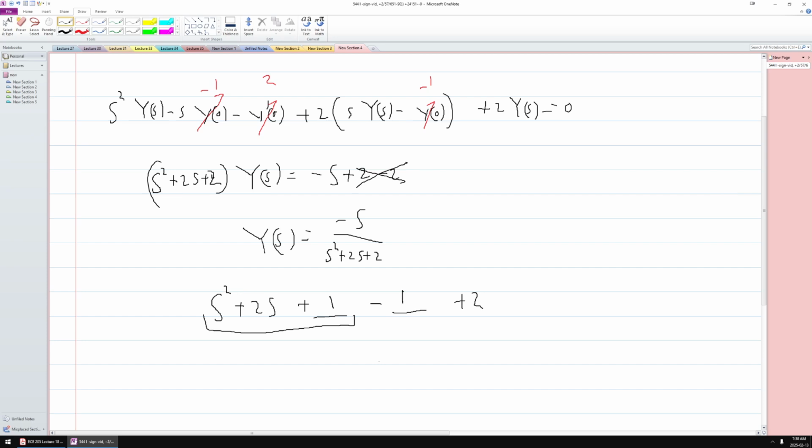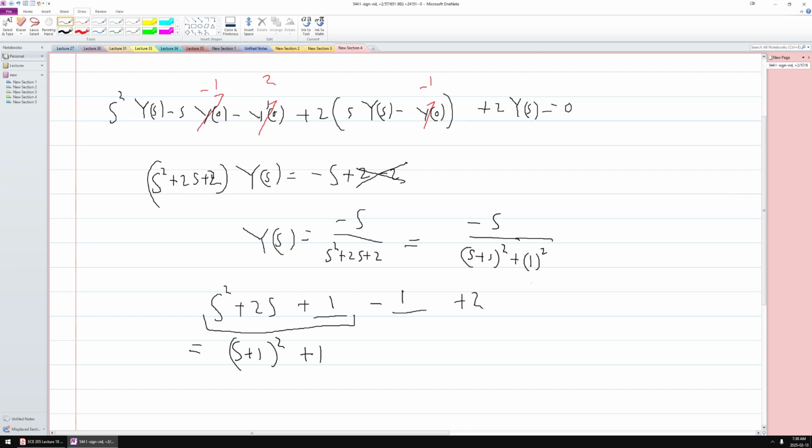If I do that, this first part becomes (s plus 1) squared, and the second part just becomes a plus 1. So doing this, I could rewrite this whole thing as minus s over (s plus 1) squared plus 1 squared, if you want to put it exactly of the form.